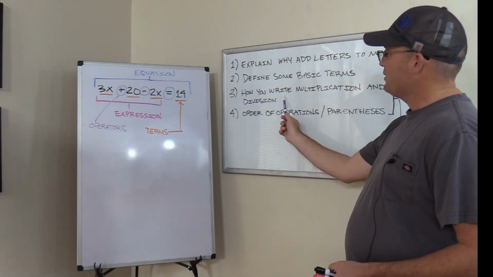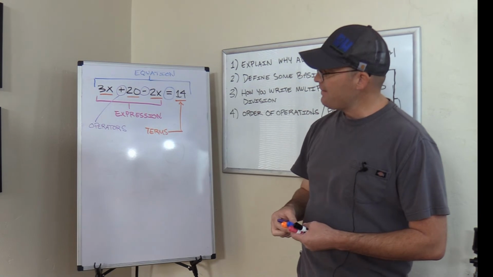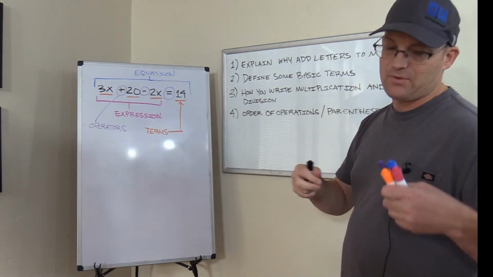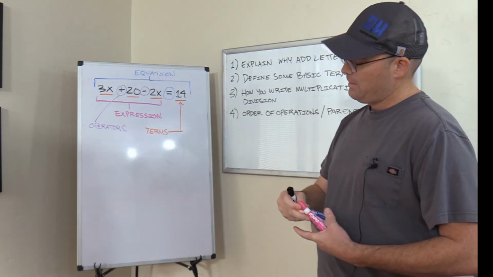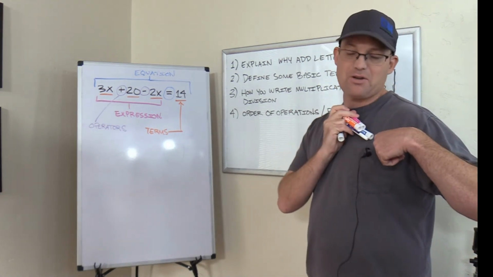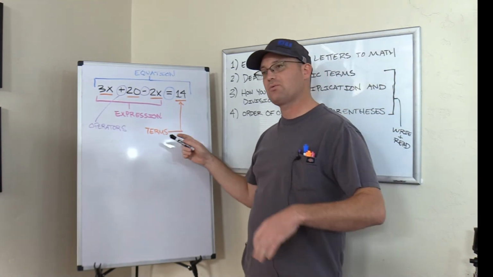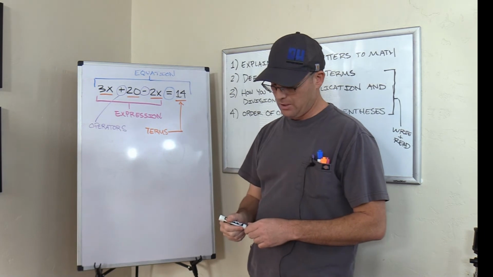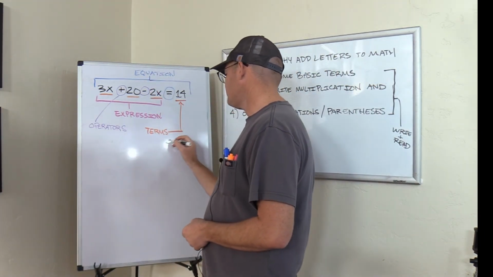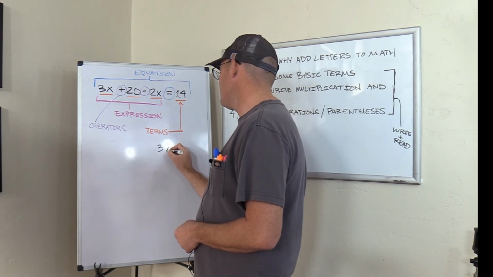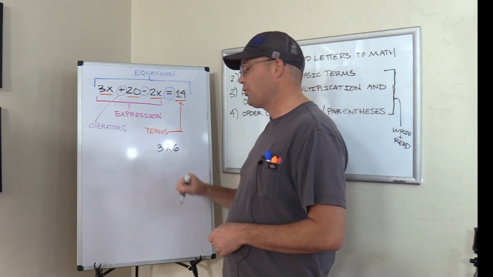Now, we want to talk a little bit about how we write multiplication and division when we do algebra. And the reason we need to talk about that is because it's different than all the other math, the lower level math that you guys might have done. And so in algebra, we have a special way we do that. Okay, and it has to do with what I taught you about terms a minute ago. Okay, so in lower level math, when you want to multiply 2 numbers, you write something like that, where x is the symbol for multiplication.